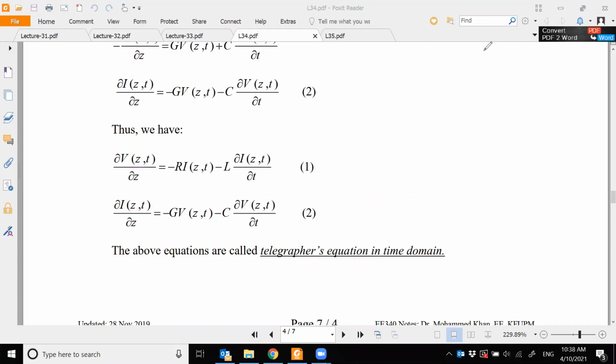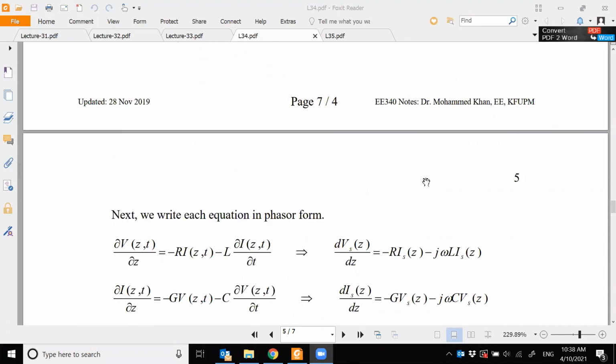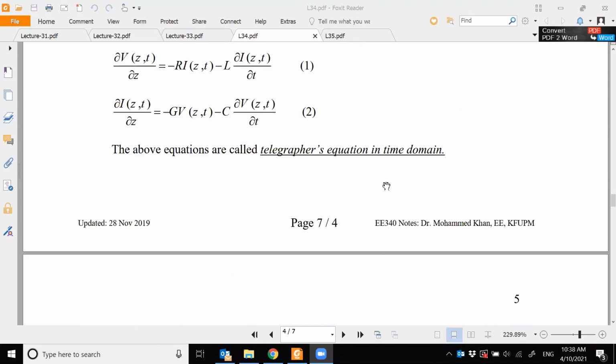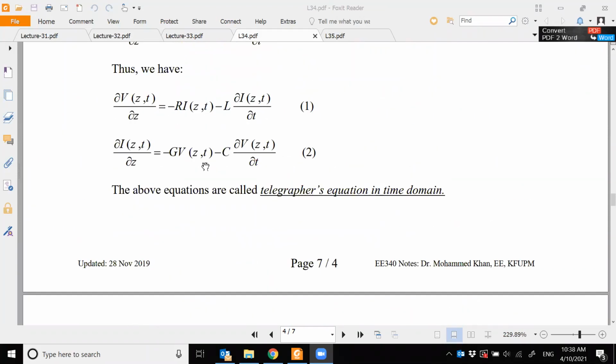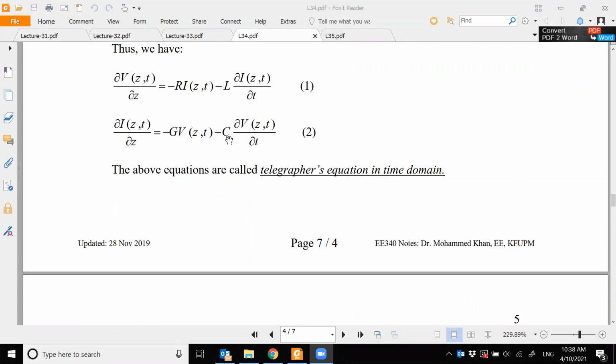Now, what do we need to do? We need to go and solve these equations to find my voltage and my current. So how to solve it? We will first remove the time dependency. And how did we remove the time dependency in our EM when we were talking about electromagnetic wave analysis?